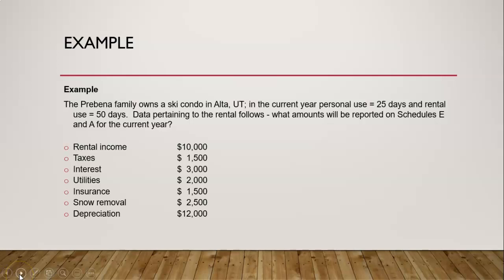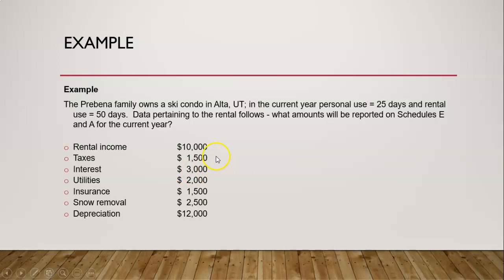So I am going to first take the taxes and interest. So I got 1,500 times 2/3, and that would be 1,000, and interest 3,000 times 2/3 would be 2,000.